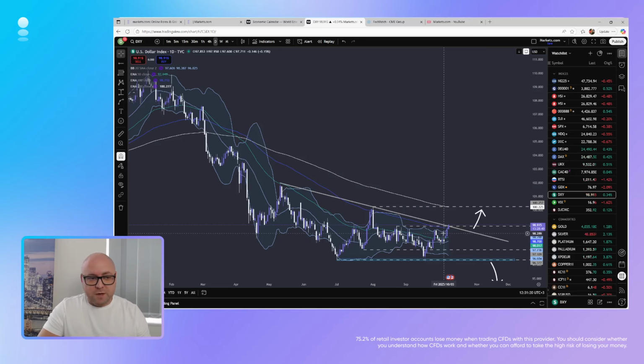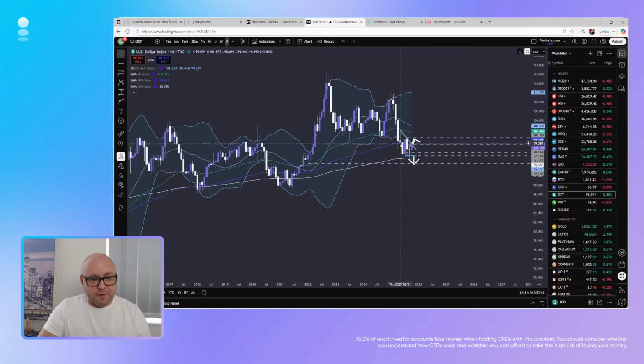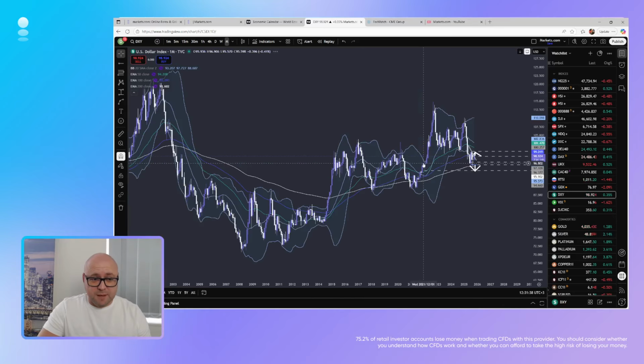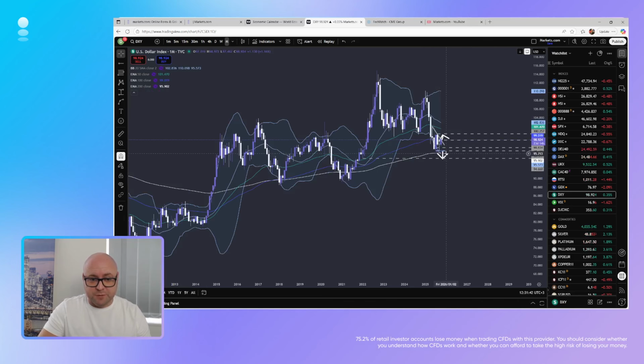of DXY, because looking at the monthly chart here, we had a great big drop here. We're seeing a little bit of a pause, maybe a little bit of sideways action. So the 100 level, 101, something like 101.5 could be nice, good levels, but overall, there could be some weakness coming into the US dollar, especially if we drop below the 96 territory, somewhere around there, in my opinion.